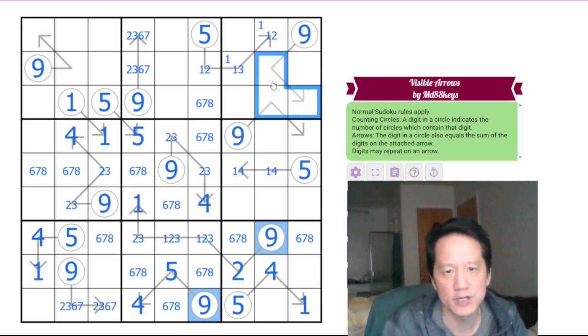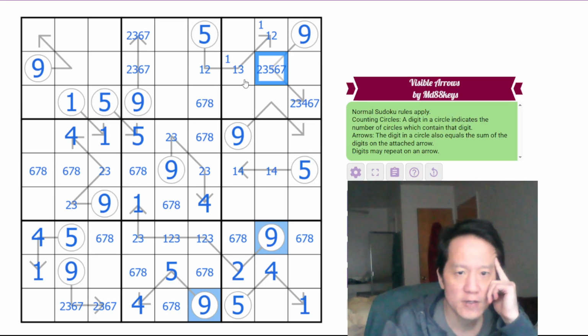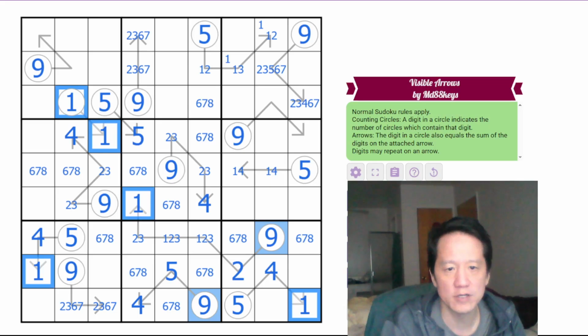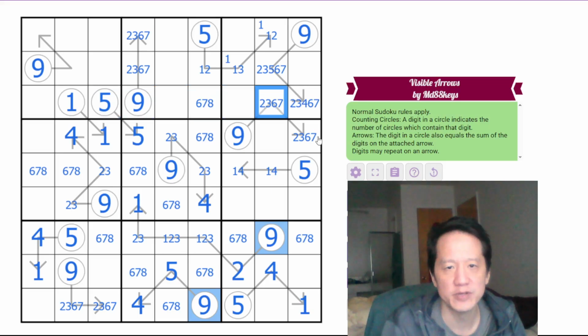It cannot be 1, 8. It could be 2, 7, 3, 6, or 4 and 5. Same with this. This one cannot be 1, 8 because of the 1s already in the rows. So this is 2, 7, 3, 6. And it cannot be 4, 5 because 5 is eliminated in both of those possibilities.